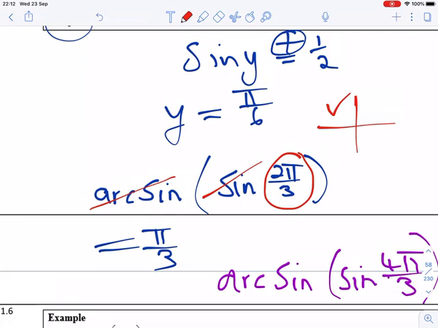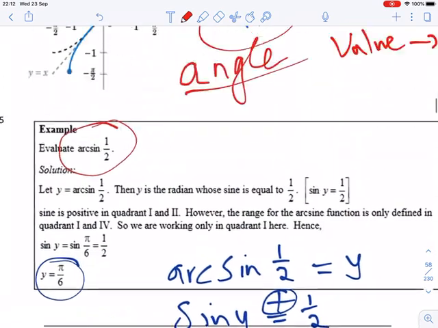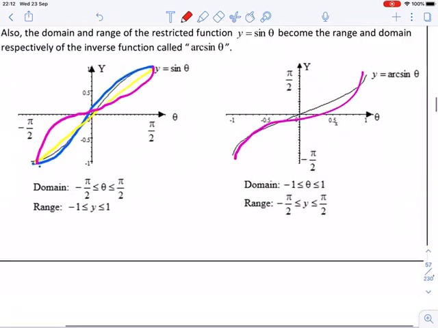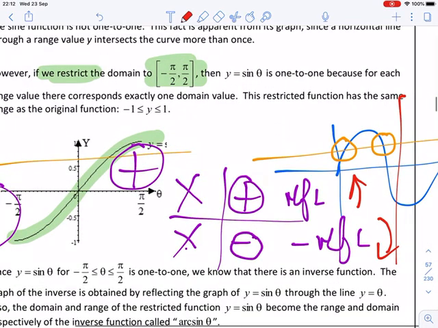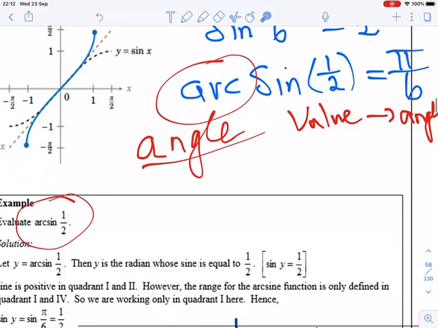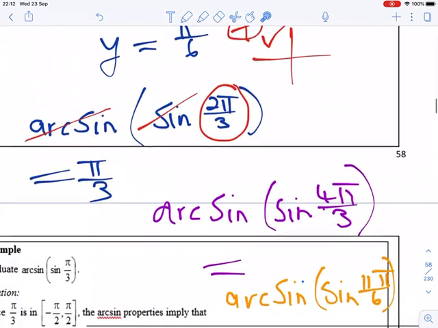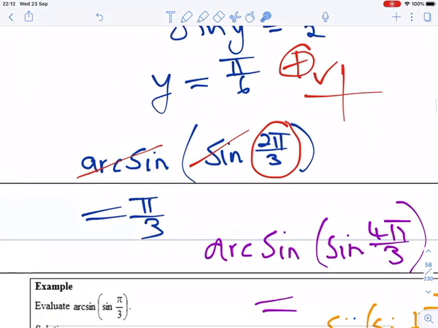But we know that sine is positive in this second quadrant. So therefore, we said all positive answers, we must give positive the reference angle. So our answer here will be positive the reference angle, and the reference angle is pi over 3, so our answer will be pi over 3.